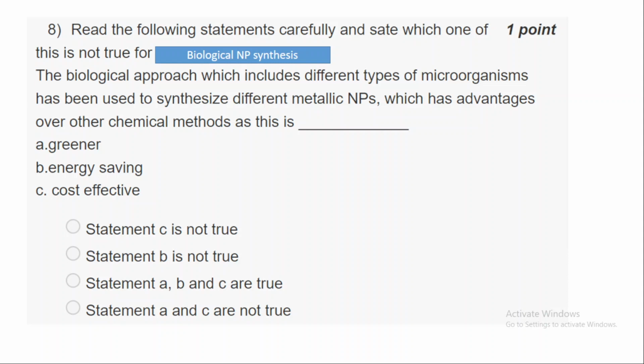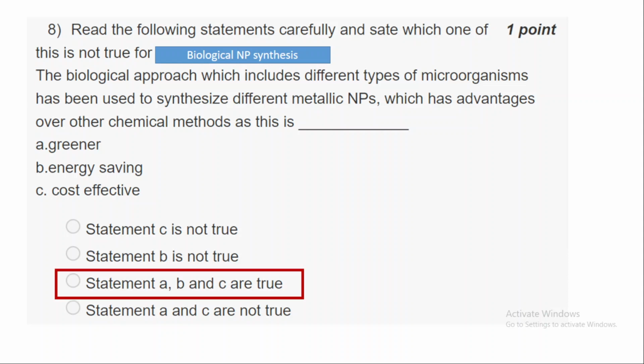So 4 of them have answered C. Statements A, B, C, all of them are true. So the biological approach for metallic nanoparticle synthesis is greener, energy saving, cost effective. Let's see what's the answer. You're absolutely correct.